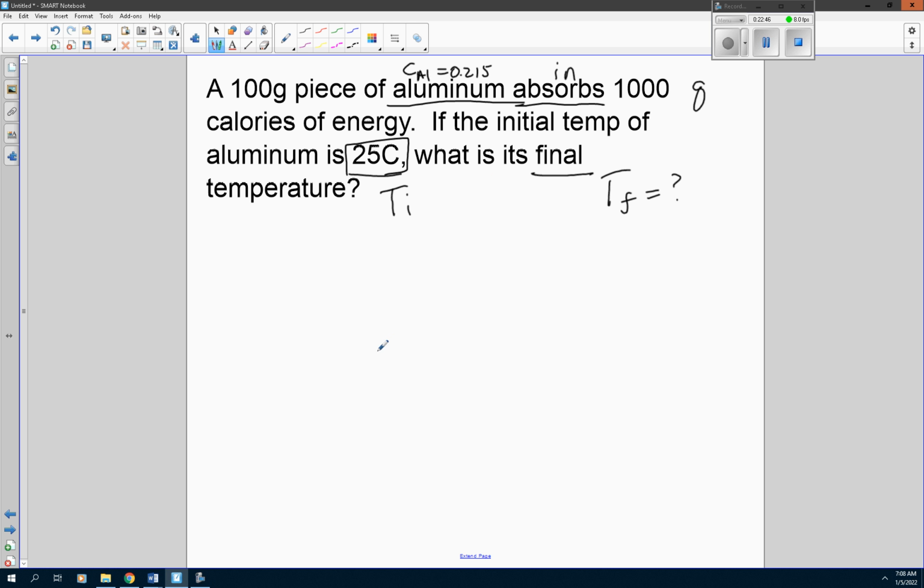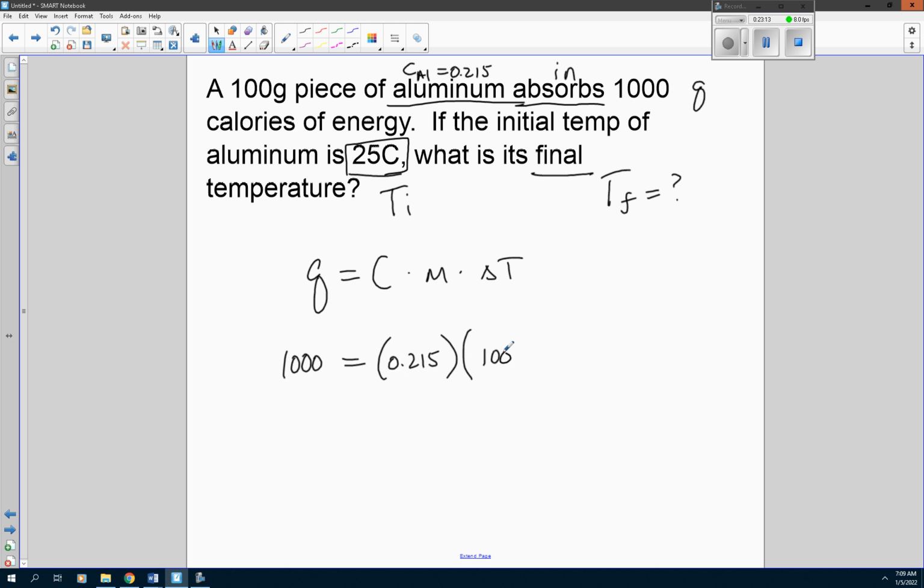So in this problem, you can solve it a couple ways. You can try to rearrange the equation, or you can just try to plug and chug the numbers. So let's just put the equation down here and put these numbers in it. So I've got Q equals C times M times delta T. So I know the heat is 1,000. The heat capacity is 0.215, and I'm just putting it in parentheses to make it easy for me to think about it.